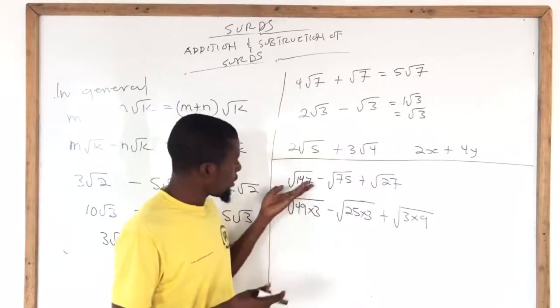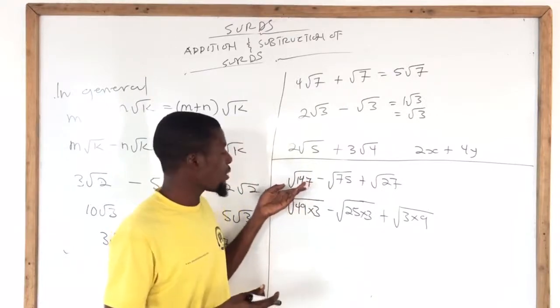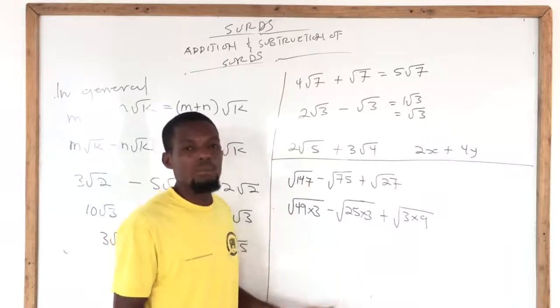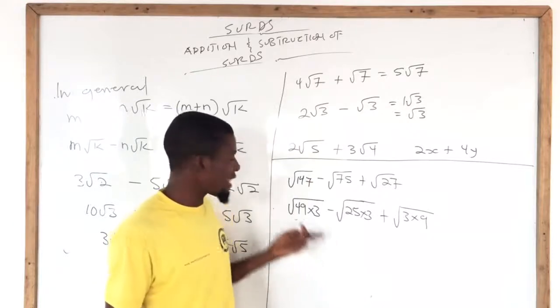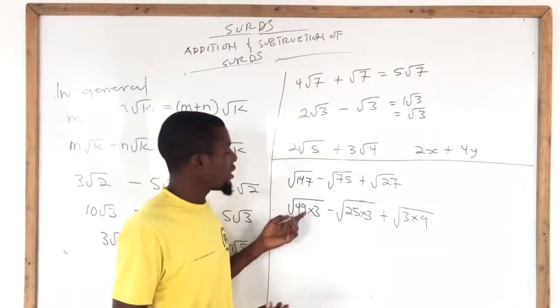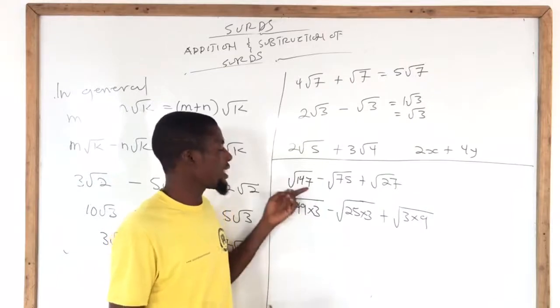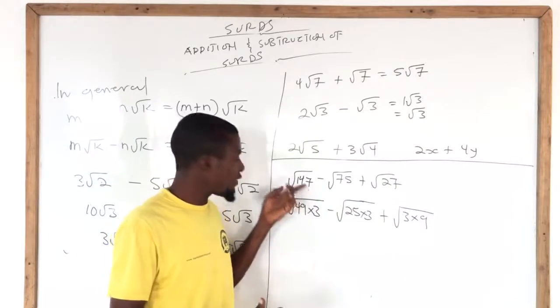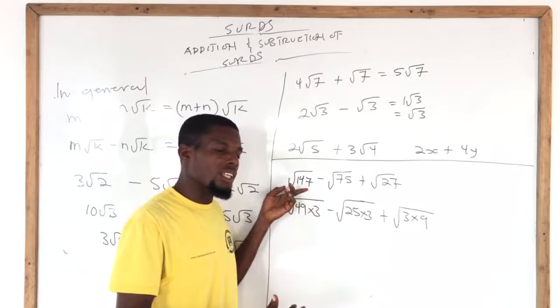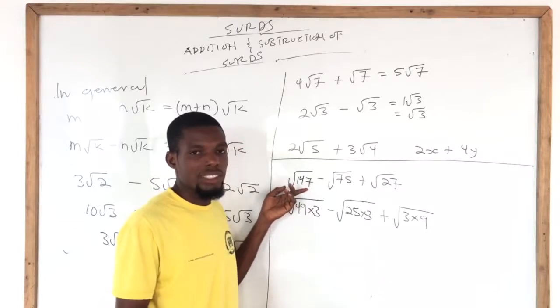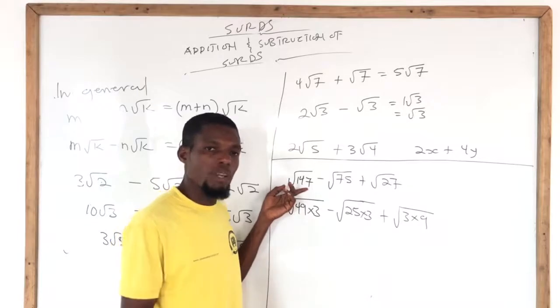Supposing you are in an examination hall and 147, you are wondering which two numbers will I multiply to get 147, such that one becomes a perfect square. It's very simple. All what you do is start dividing 147 by the prime numbers, and see which one will give you a perfect square.